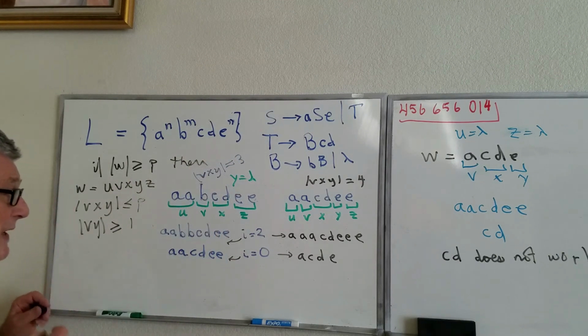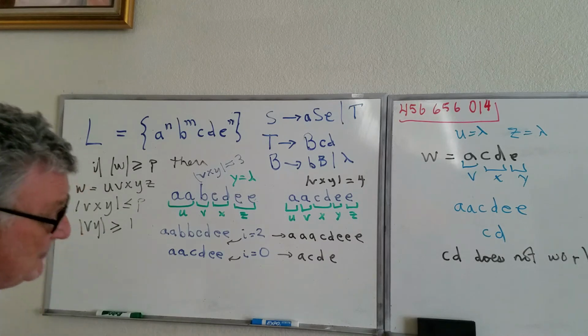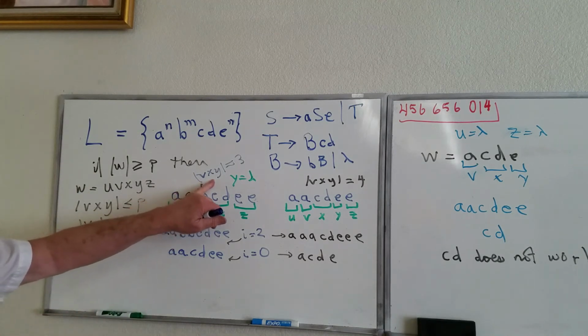And so that might trick you into believing that the pumping length was 3. Some people said the pumping length is 3 for this example, but that doesn't mean anything because the pumping length has to be global for the entire language. So the fact that 3 works for this example doesn't prove that 3 works for all strings.